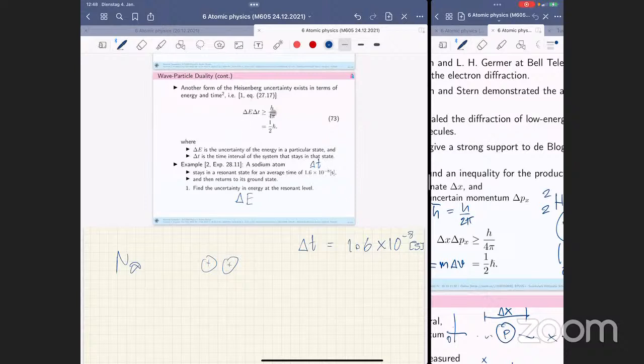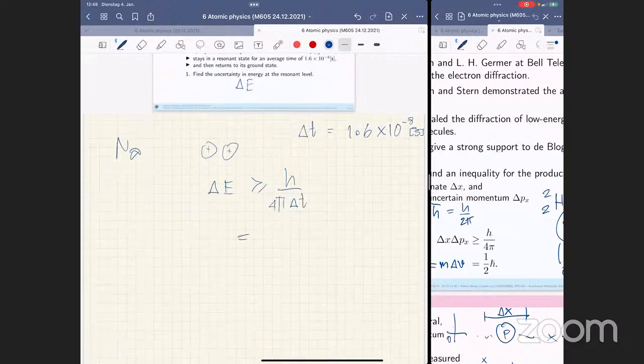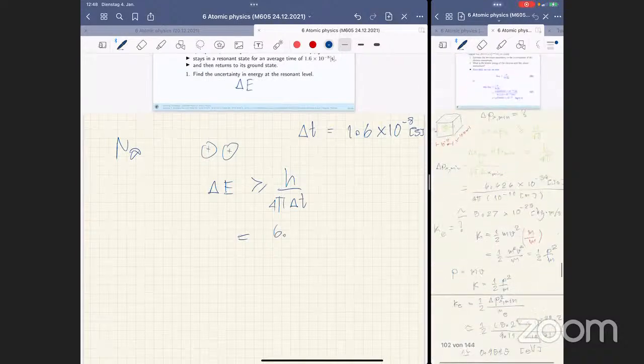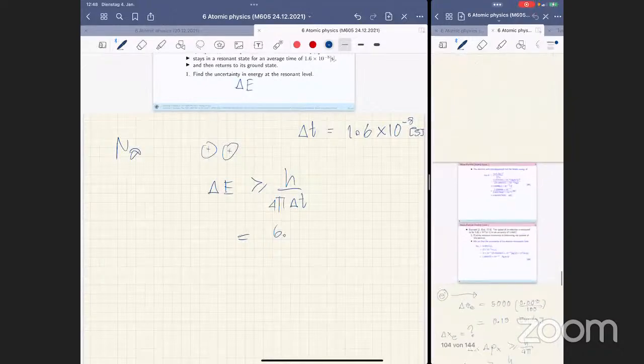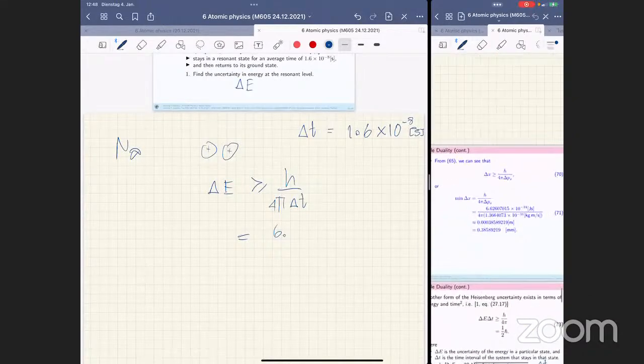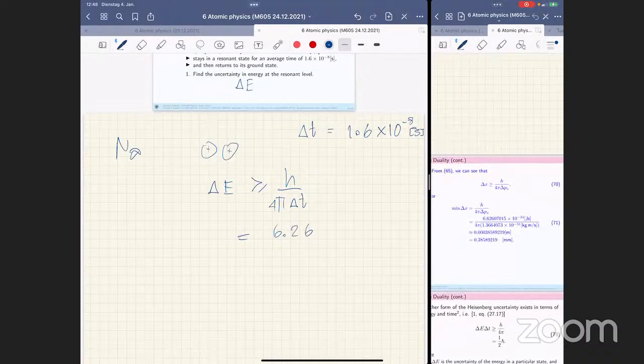So we're going to use this expression, right? Once we move delta T to the right-hand side, delta E is going to be h over 4 pi times delta T. So once we substitute 6.626 times 10 to -34 joule-seconds, and you divide it by 4 pi and delta T, the observation time, which is 1.6 times 10 to -8 second.